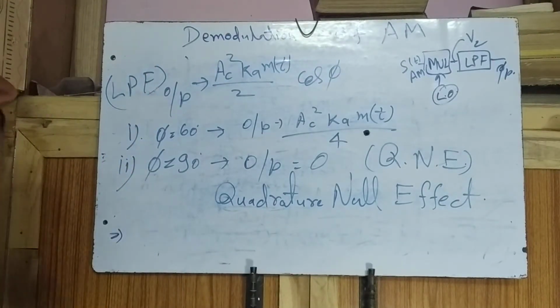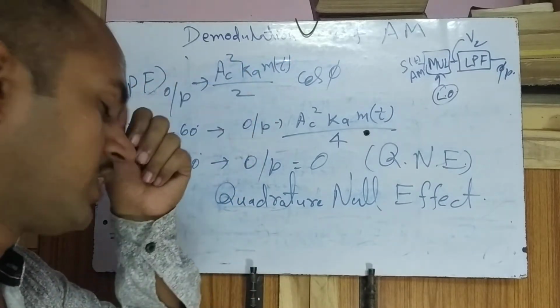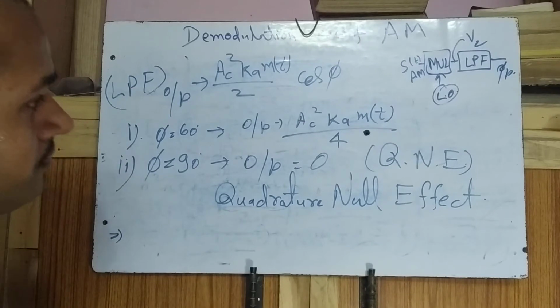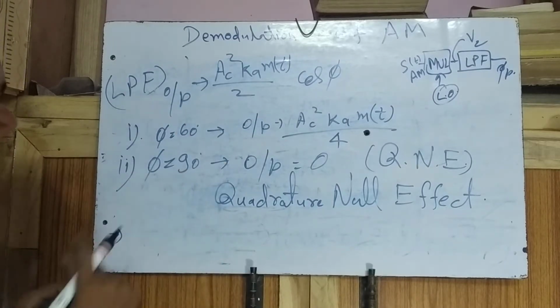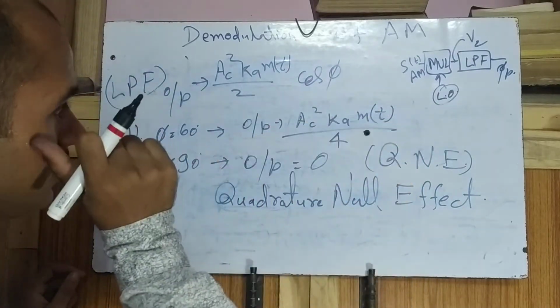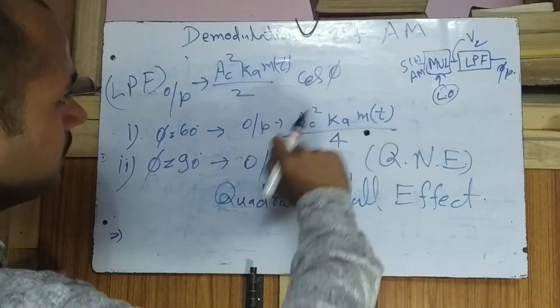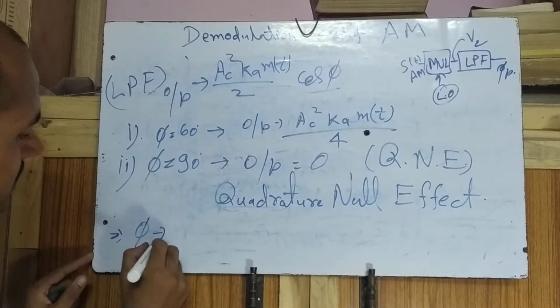So here it is all about the demodulation of AM. Now we will see one point also here: to reconstruct m(t) from this output, we will have to make sure that cos phi is constant, meaning phi is constant.